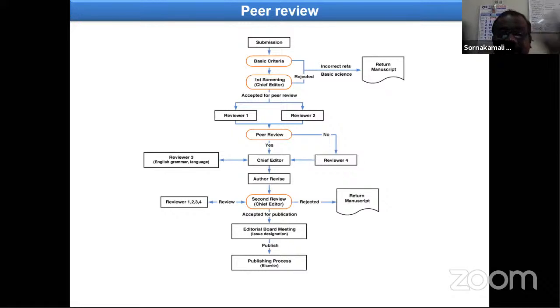Based on the reviewer comments, the editor-in-chief will make a decision on whether the paper has to be given a revision or rejected. Once a revision has been given, the author has to revise the manuscript according to the reviewer comments and make corrections. Then in the covering letter, he has to give a rebuttal. That means, for each query raised by the reviewer, what action he has taken.